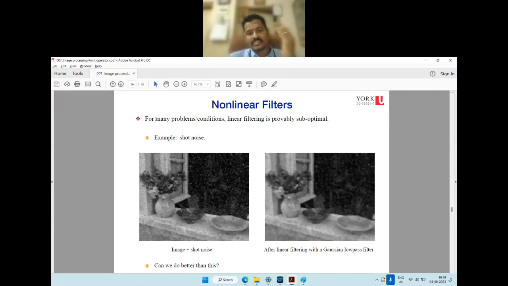How is the performance of a filter analyzed? They take a clear image, and purposefully add some noise over the image, and then apply the filter and try to recover the original image. I'm repeating, listen carefully. There is an original, clear image without any noise. Purposefully, noise is induced.